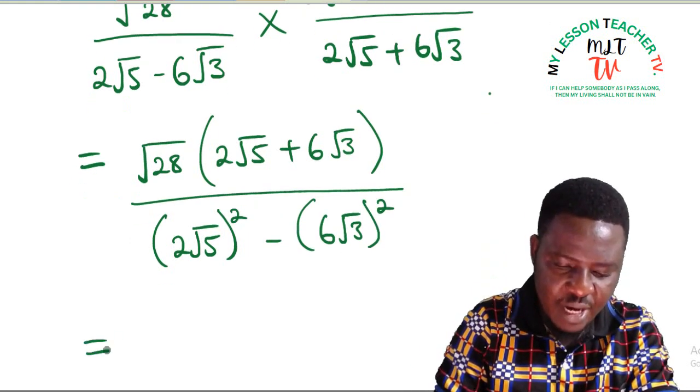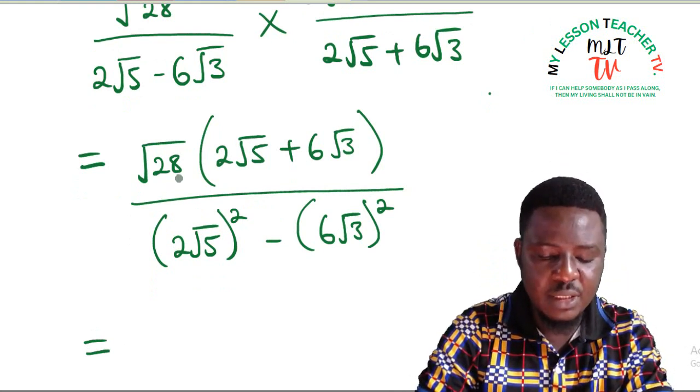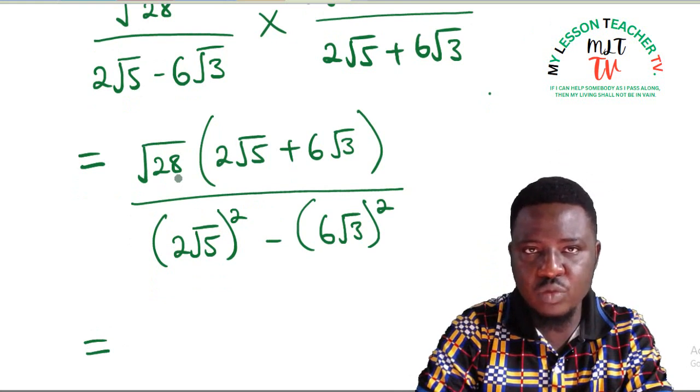So we can further simplify this to be, I'm going to simplify root 28. For root 28 can be said to be root 4 times root 7, and that gives me 2 root 7.